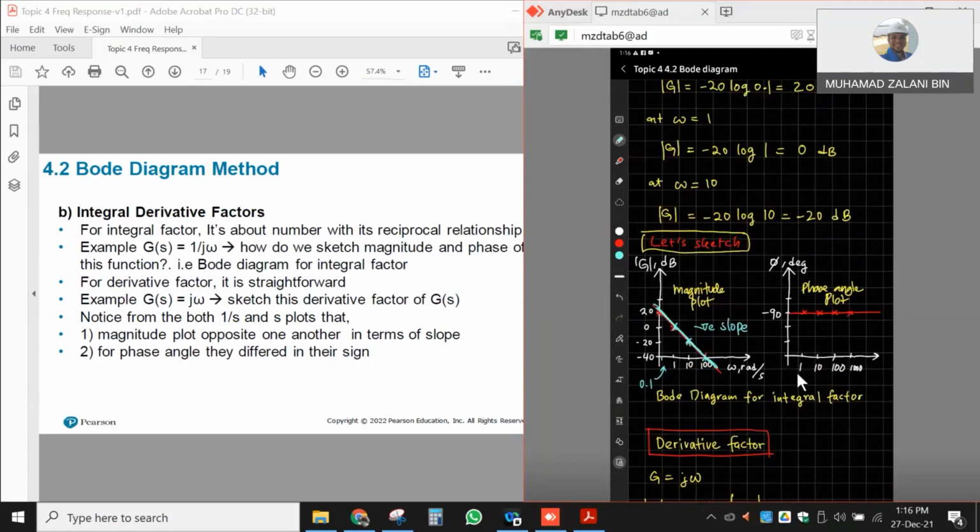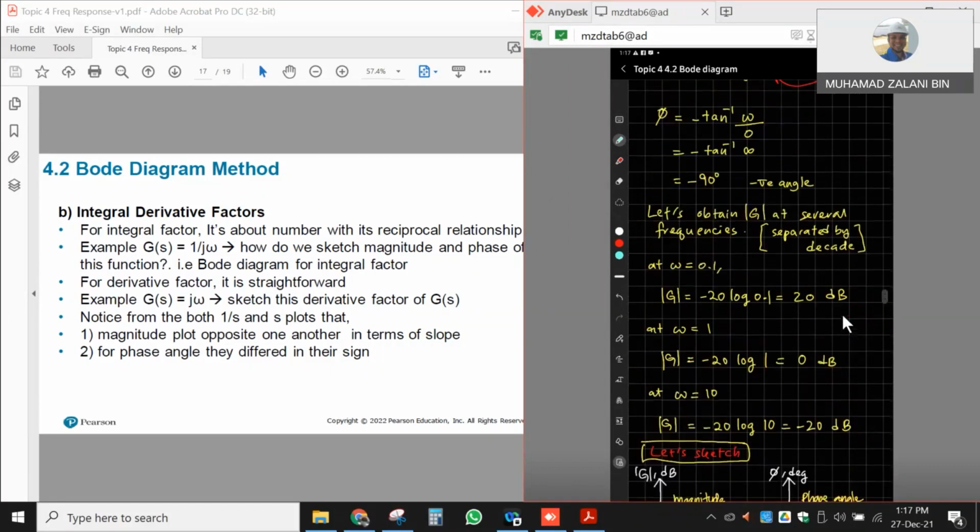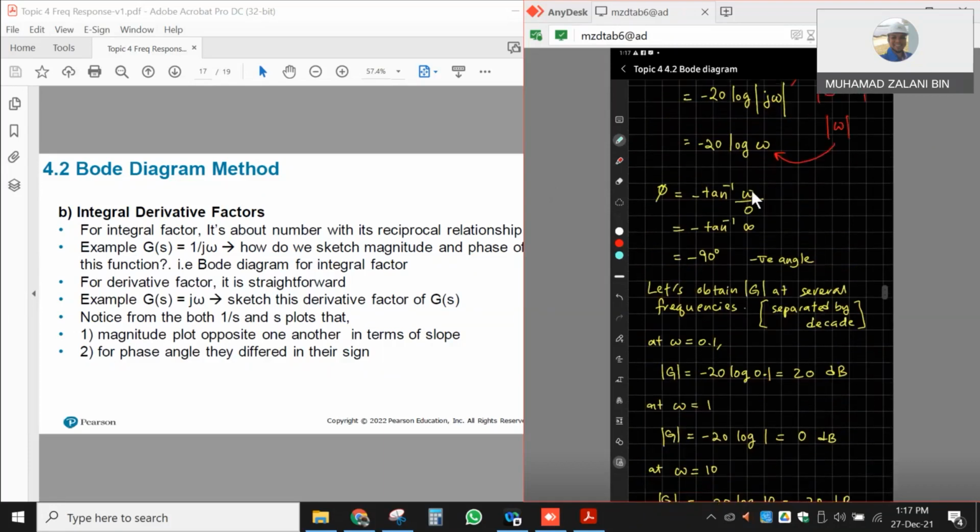Even if we substitute omega equals 0.1, 1, 10, 100, and so forth, for the phase angle plot the result is always a constant negative 90 degrees, because even though we change omega in this equation, it is always arctangent infinity.